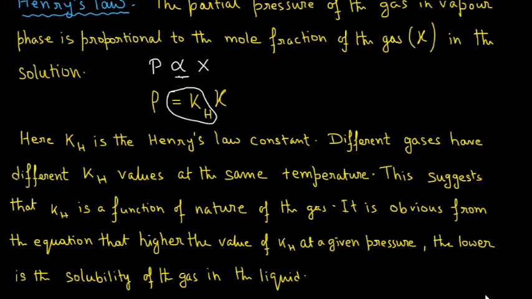So the relation is that the higher the value of KH at a given pressure, with pressure constant, the lower the solubility of the gas in the liquid.